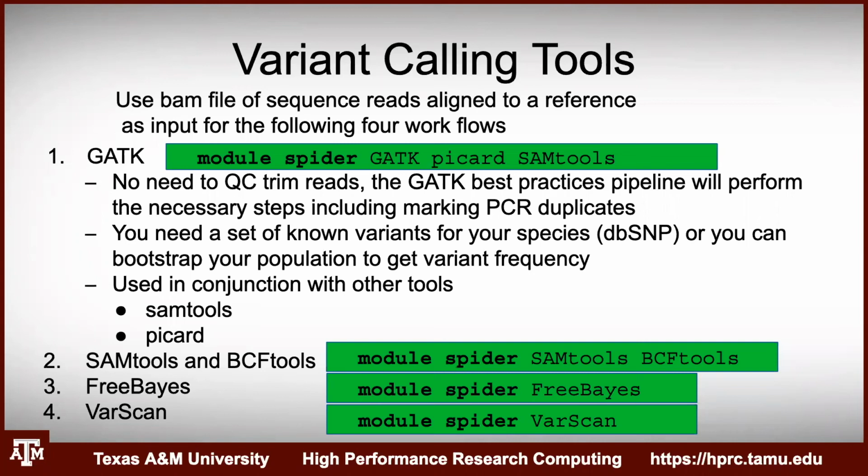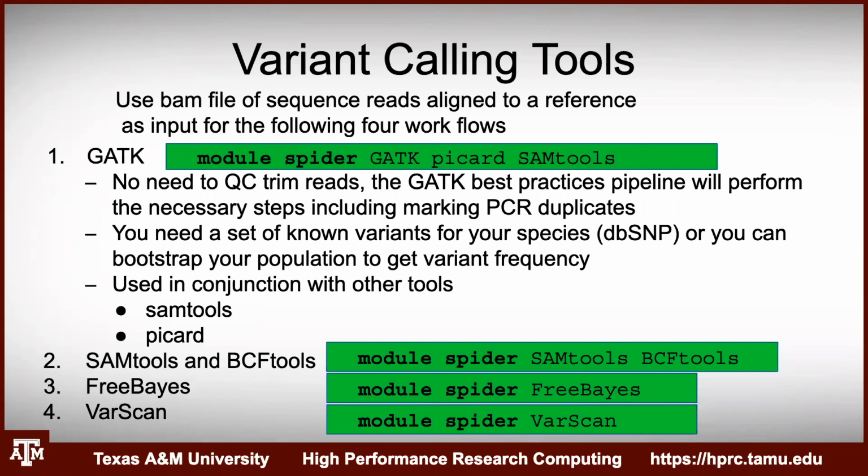That generates a known set of mutations or variants that can be used as a way to examine the other variants found within the samples, and to make sure that those are high quality true SNPs or small indels.